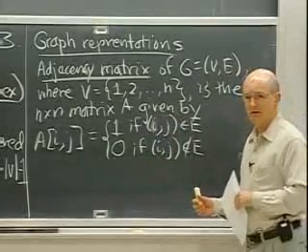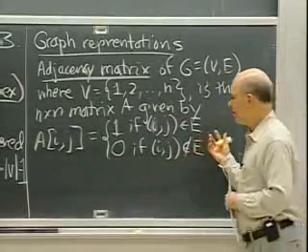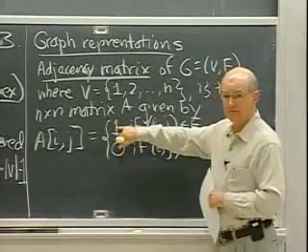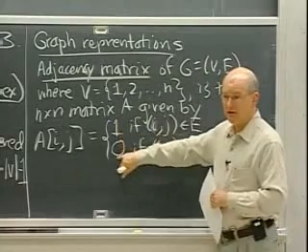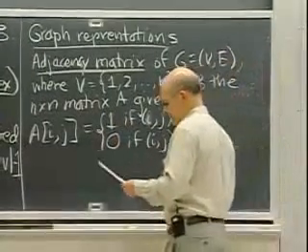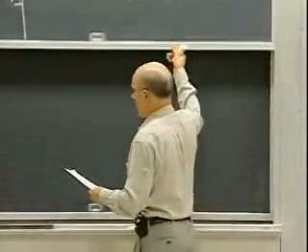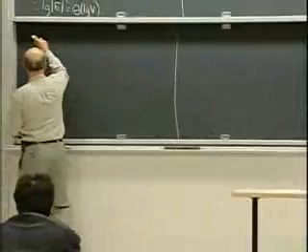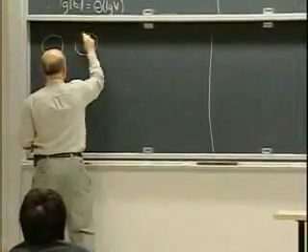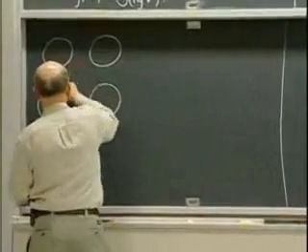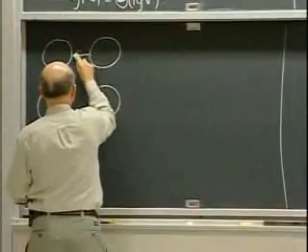Sometimes you have weighted graphs, edge-weighted graphs, and then sometimes what people will do is replace this by edge weights. It'll be the weight of the edge from i to j. So let's just do an example of that, just to make sure that our intuition corresponds to our mathematical definition.